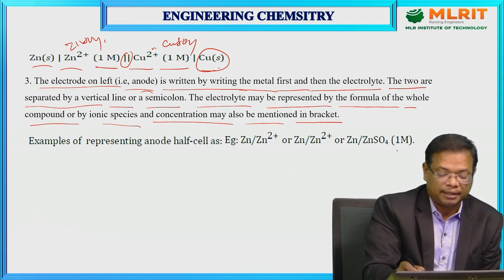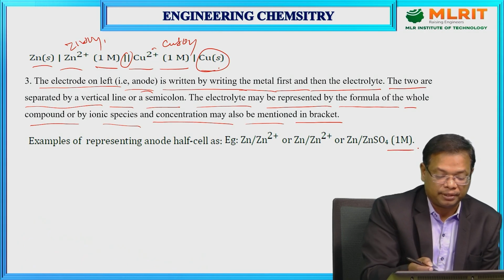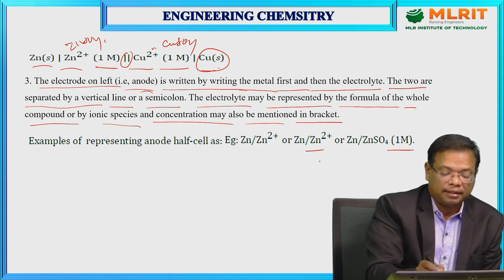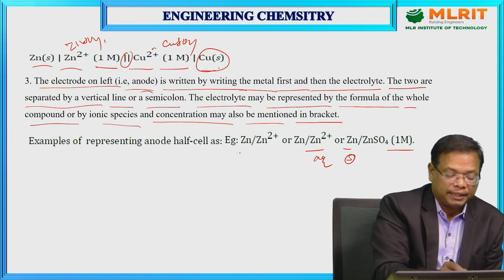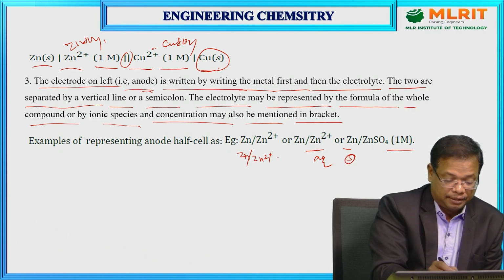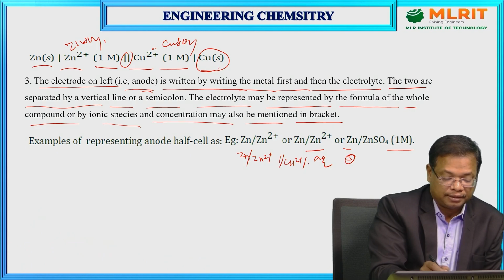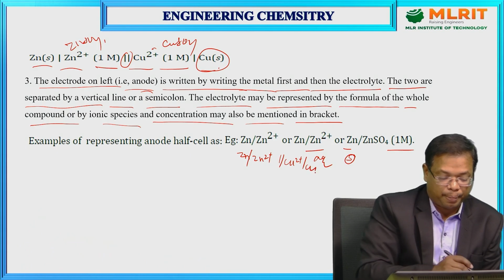So here they are mentioning the concentration, 1 molar solution, and it is aqueous solution. Zn is a solid. So Zn by Zn2+, salt bridge, Cu2+ or semicolon or line slash Cu.